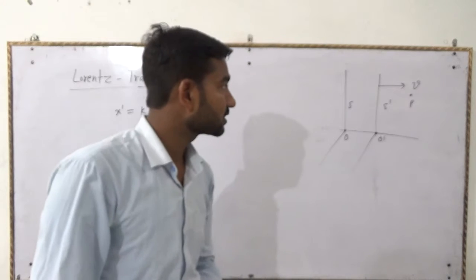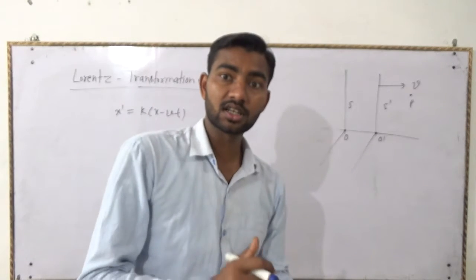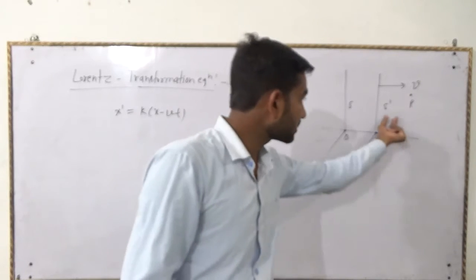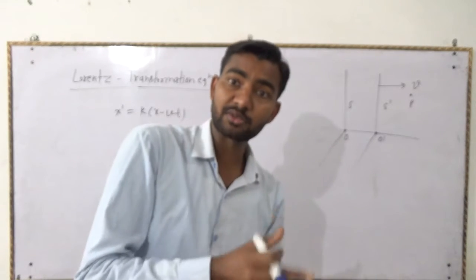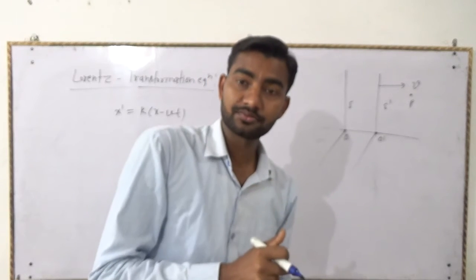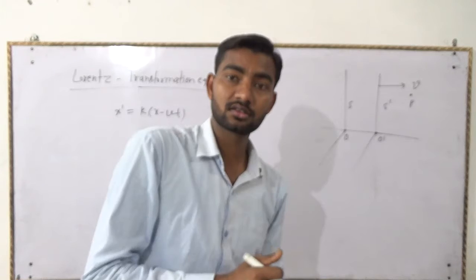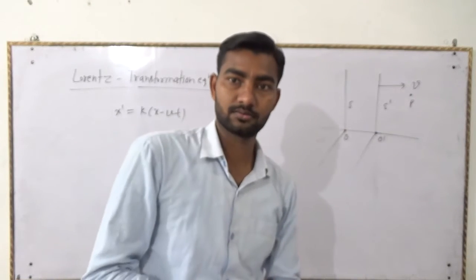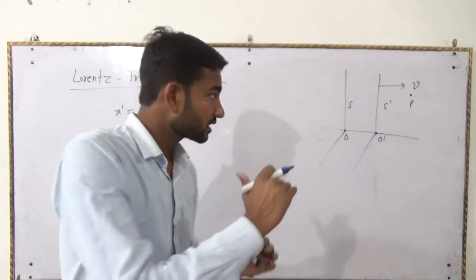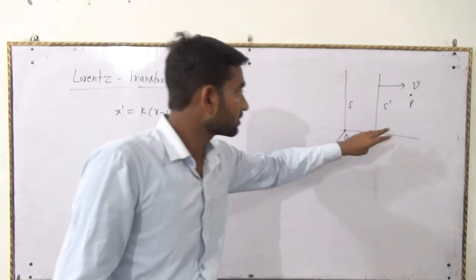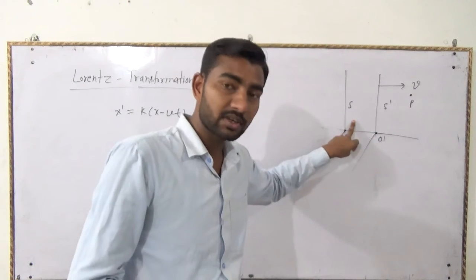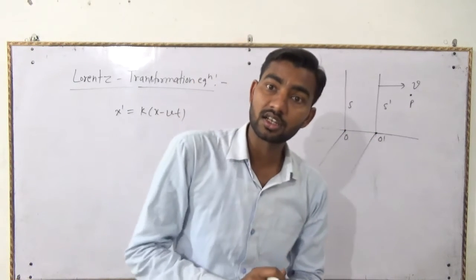Here we want to say that if we keep any change in the measurement in this frame of reference, then it will also affect the value along the same axis but in the negative direction in this frame of reference also. That means the relation from this frame of reference to this frame of reference, or from this frame to this frame, is linear.